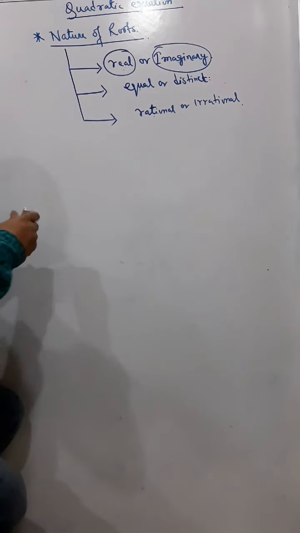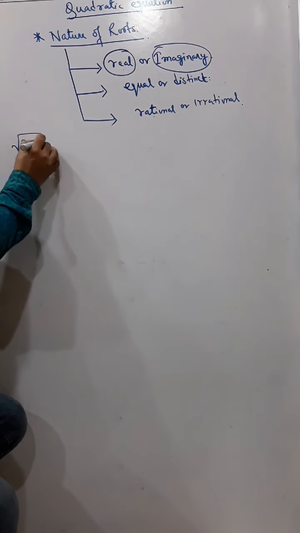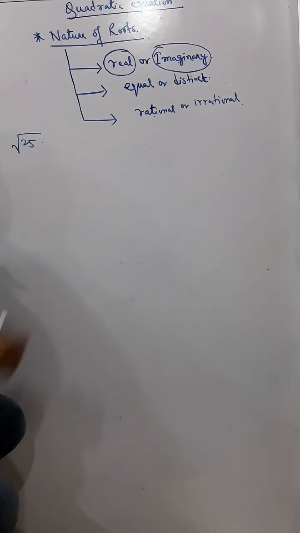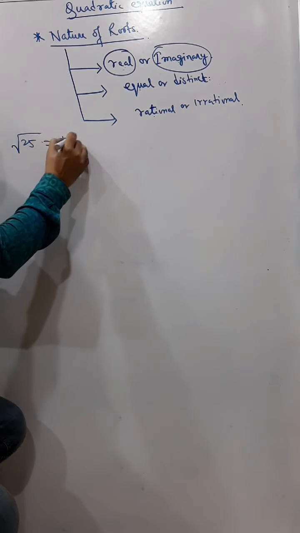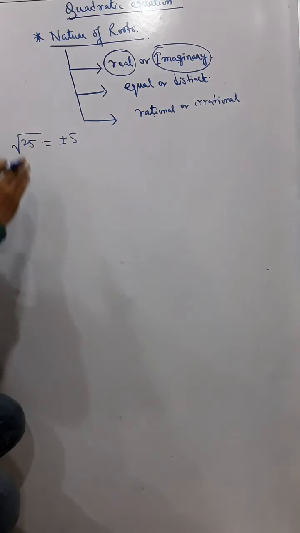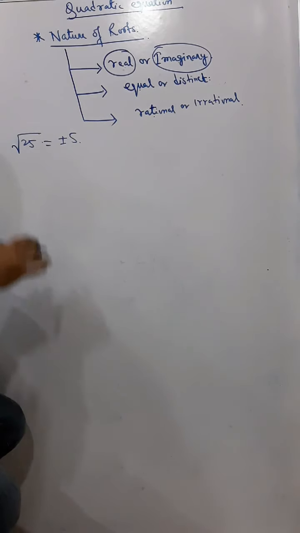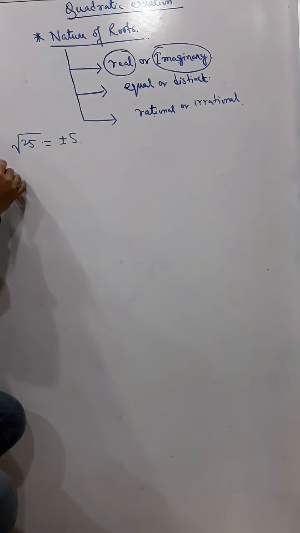Take this example. Suppose I say square root of 25. Generally you write the square root of 25 as plus minus 5. So these are real numbers. Root 25 means plus 5 or minus 5, they are real numbers.